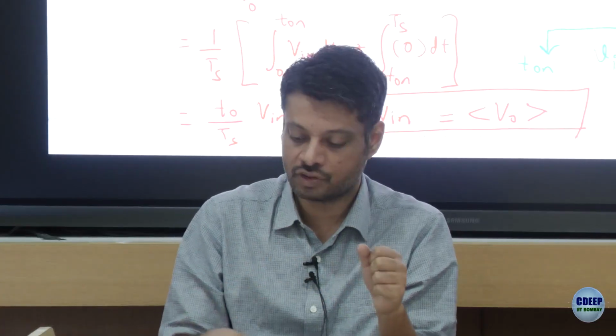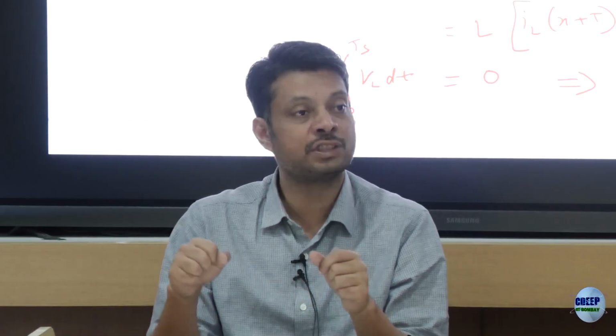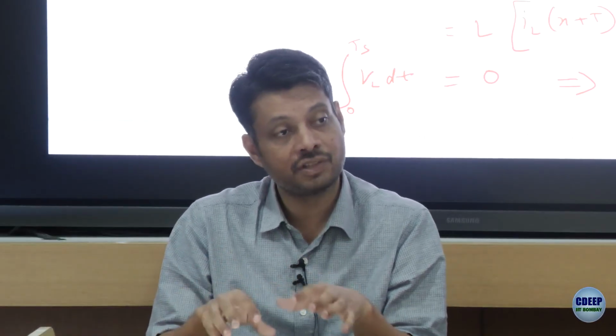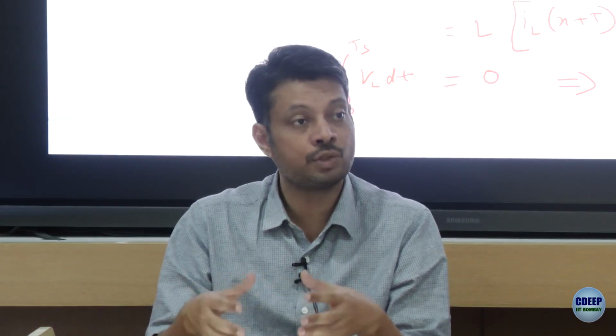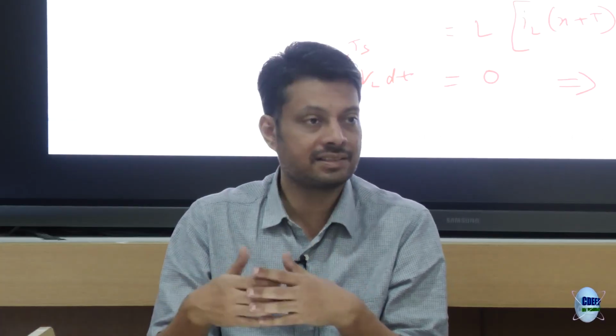Here we have introduced a new way of analyzing things by using volt second balance, and now we are deriving it using the volt second balance. And this volt second balance approach is more generic, so you would see that a lot of other circuits also you can analyze in the same way. Of course, the answer has to come out to be the same because that's what it is, right?